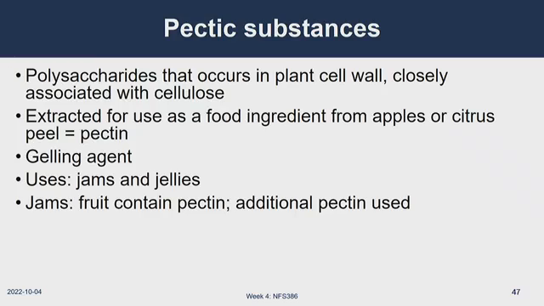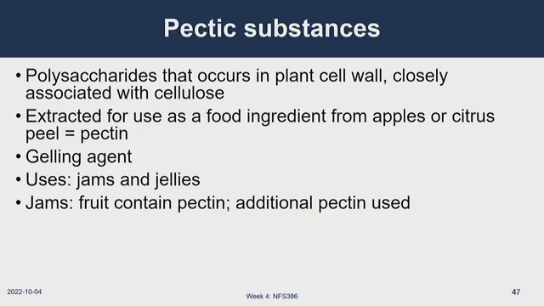This is why, for example, we can sometimes make a jelly at home just by using apple peels or pear peels and boiling them until they become viscous. The peels contain the pectins.